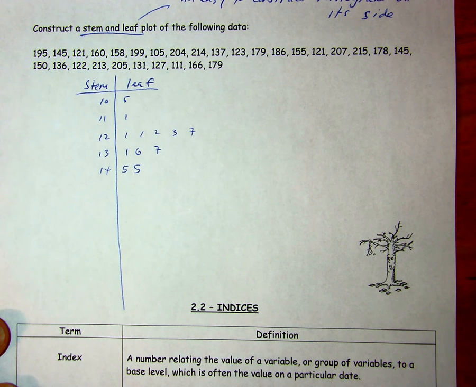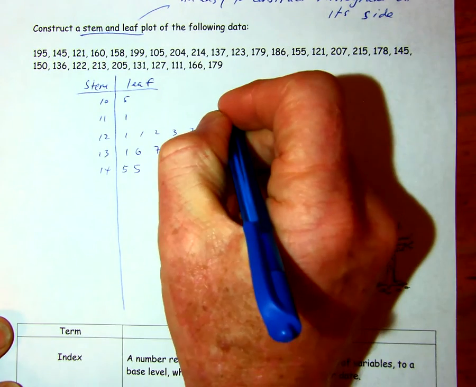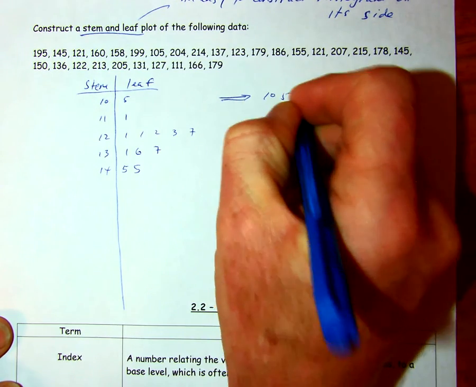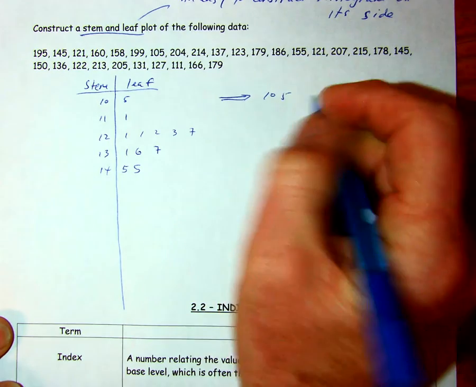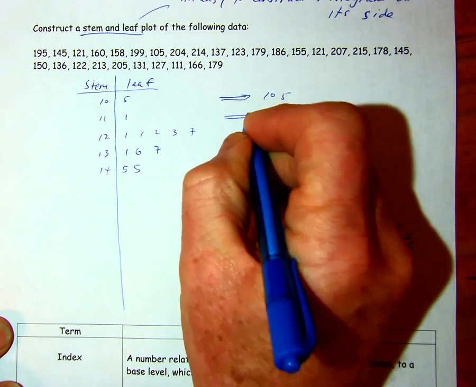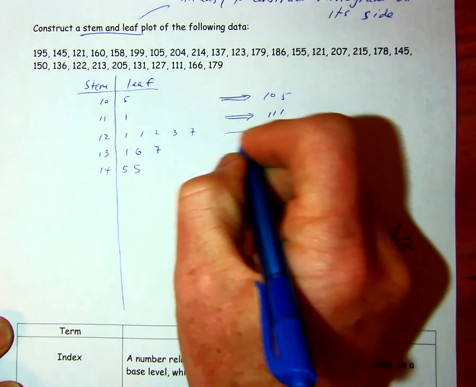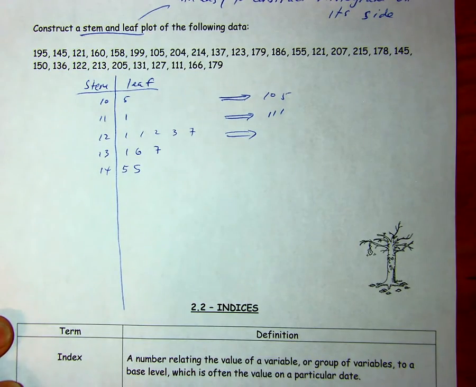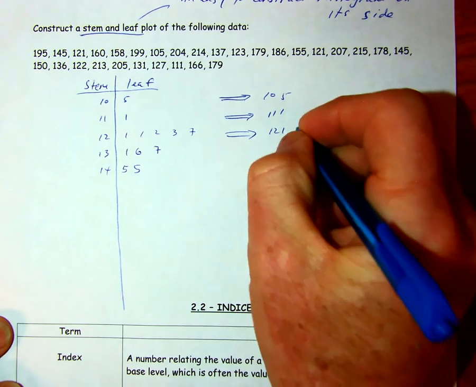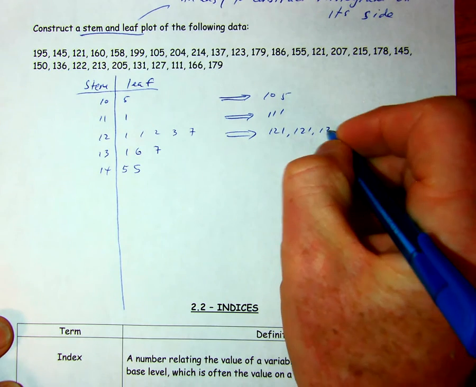Or like, never mind. So it'd be like 105. Yes, this represents 105. Wow. I remember that. But what does this represent? 111. 111. What does this represent? 121, 121, 122, 123, 127.